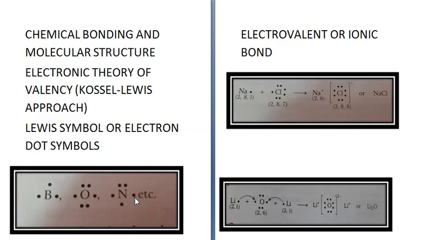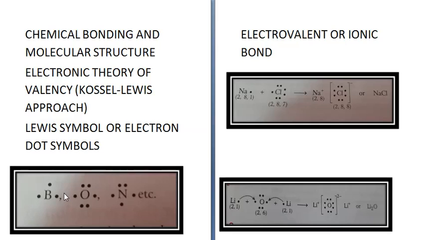If the number of electrons is equal to 4 or less than 4, then the common valency of the element is equal to the number of dots in the Lewis symbol. Like in case of boron, it is less than 4, it is 3, so the common valency will also be plus 3. And if the number of dots is greater than 4, then the common valency is equal to 8 minus the number of dots.